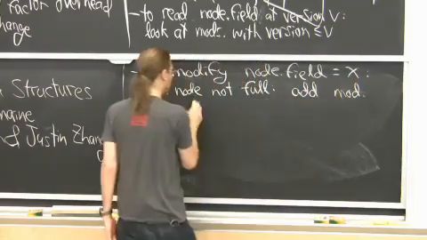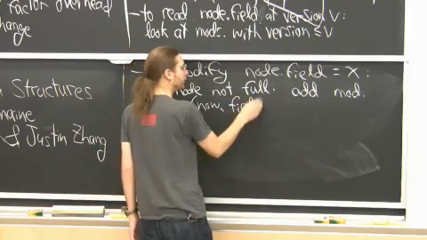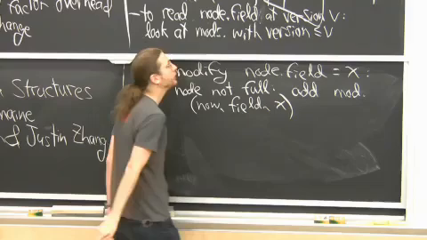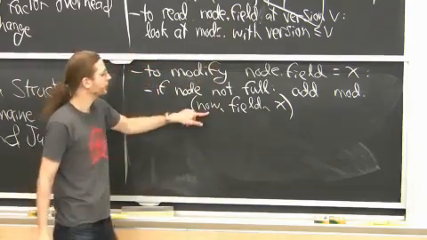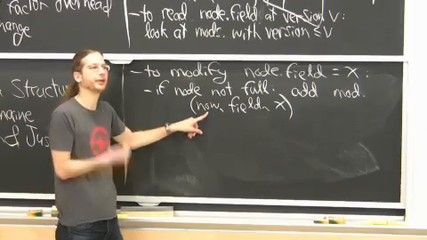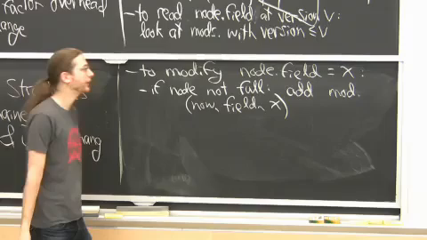So a mod will look like now, field, x. Just throw that in there, because right at this moment, we maintain a time counter, and just increment it every time we do a change. This field changed to that value. So that's the easy case.